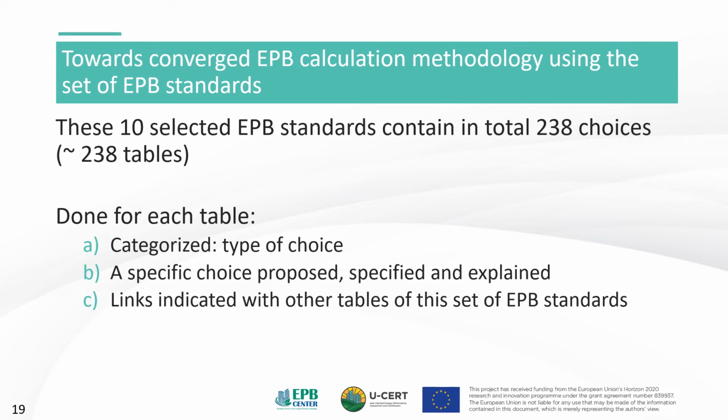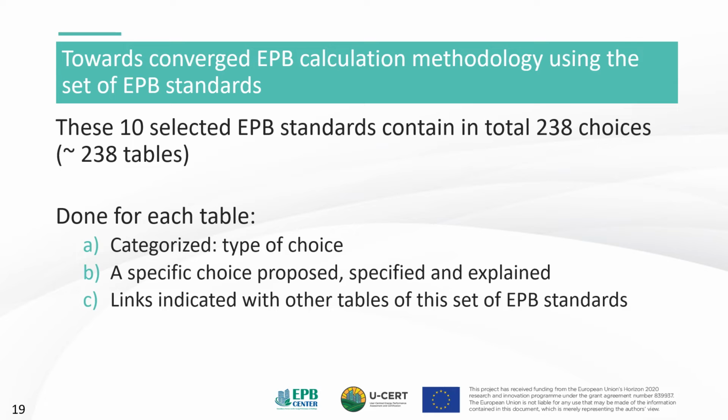So if we now look at these 10 selected EPB standards, how much of these tables do they contain in total? Well, that's 238 of these choices. So again, that's quite a lot. So what we did for each of these tables, we characterized them into a specific type, and also for each of the tables we proposed a specific choice.